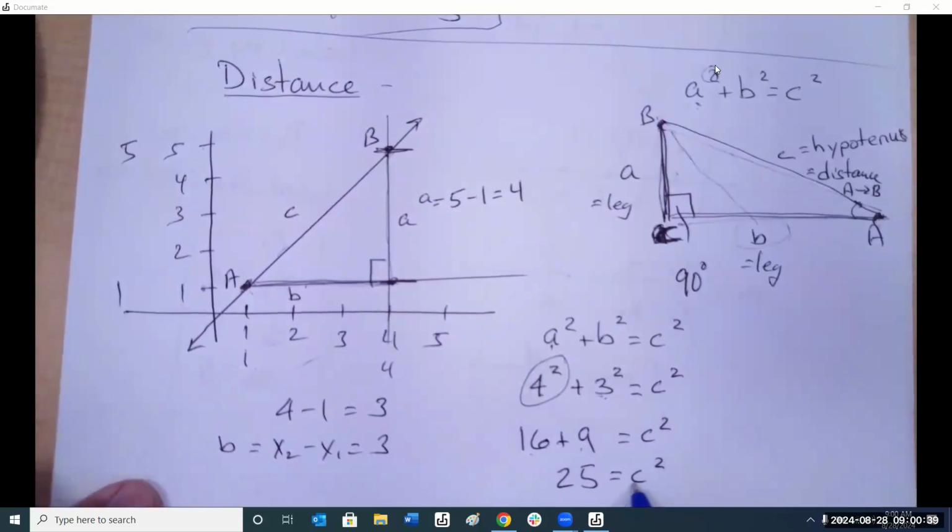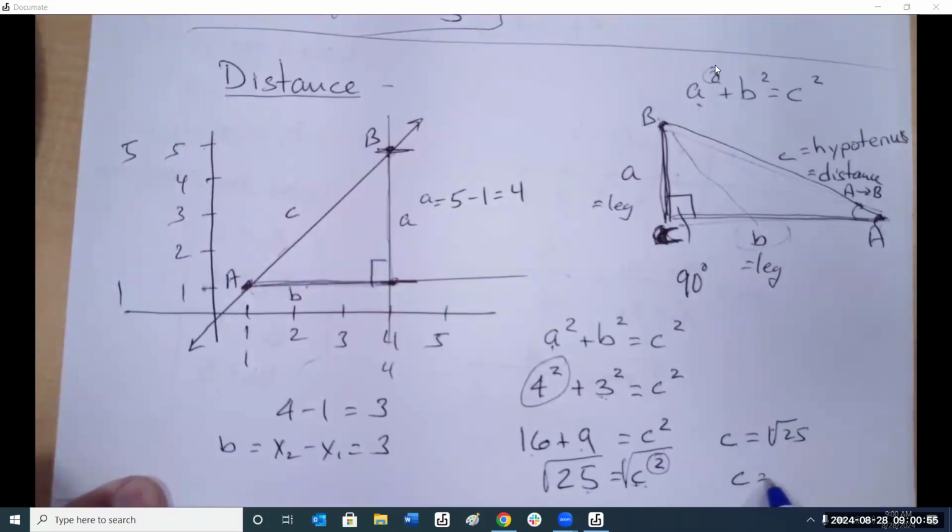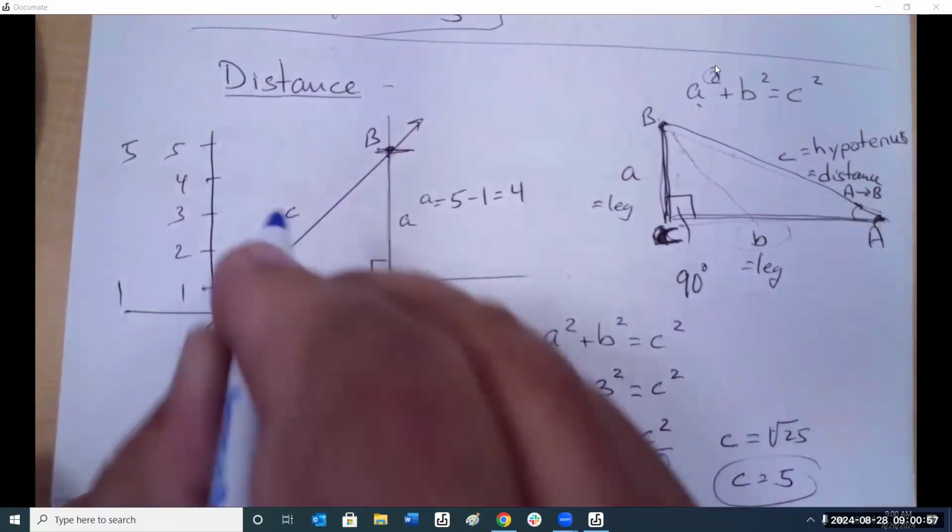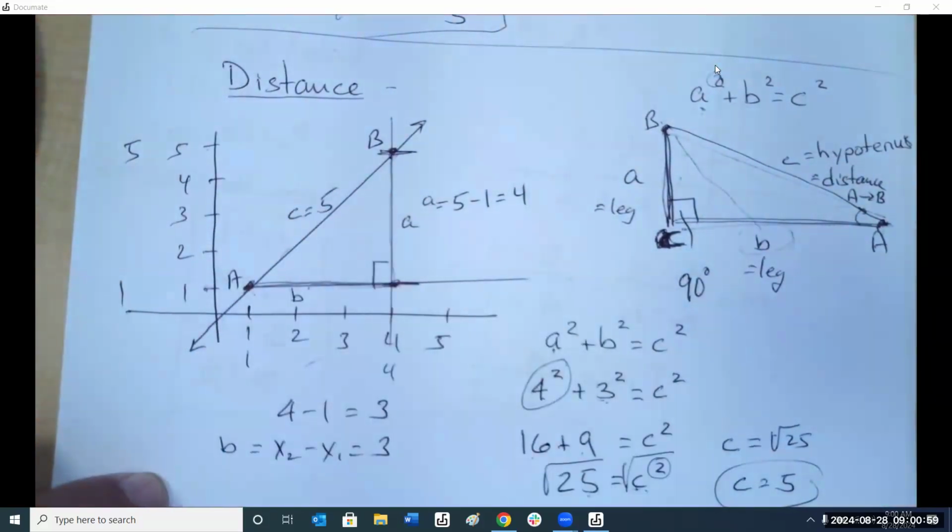So what two numbers multiply to give you c? 5. 5 times 5. Or another way we could do it, to get rid of the square, if we square root both sides. So that's the distance between A and B.